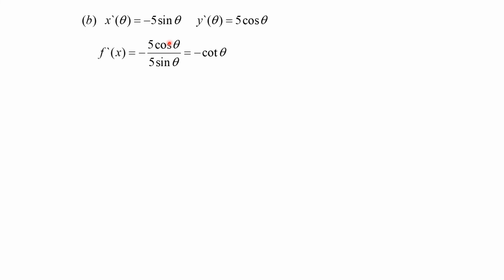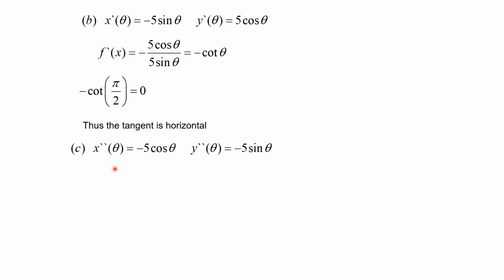So f prime is y prime over x prime, and you can further reduce this to 1 over tangent, which is negative cotangent theta. When you substitute pi over 2, you will reduce your answer to 0. So therefore, when dy/dx is 0, the tangent is horizontal.